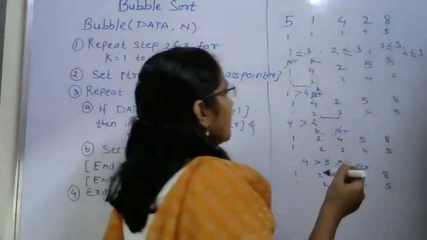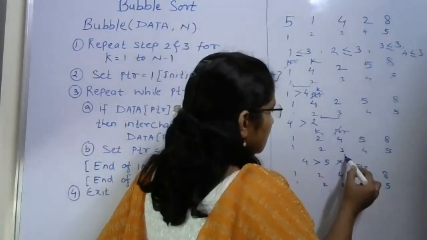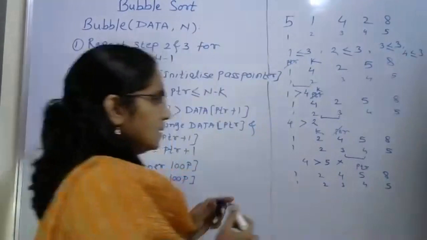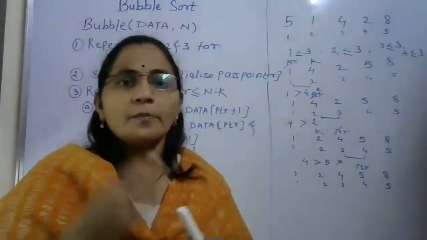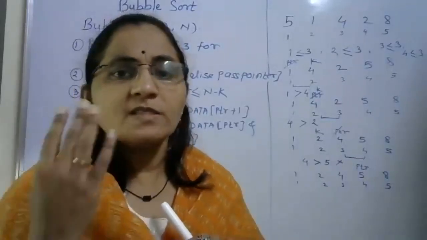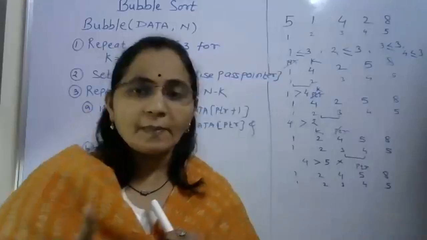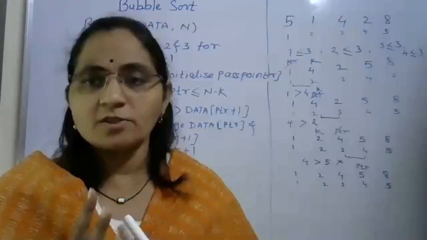See, in the second pass you require 1, 2, and 3 comparisons. In the first pass you require 4 comparisons. Means in the first pass you require n minus 1 comparisons, and in the second pass you require n minus 2.